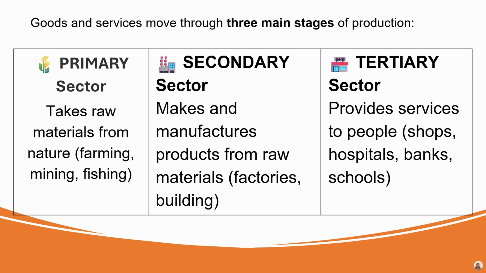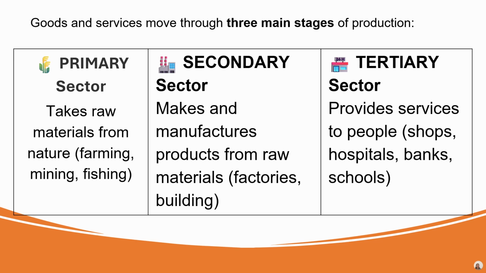Okay, so just to recap the three stages, you need the primary sector to take our raw materials. Our secondary sector uses the raw materials to make a finished product, to produce something, and our tertiary sector is the end product.